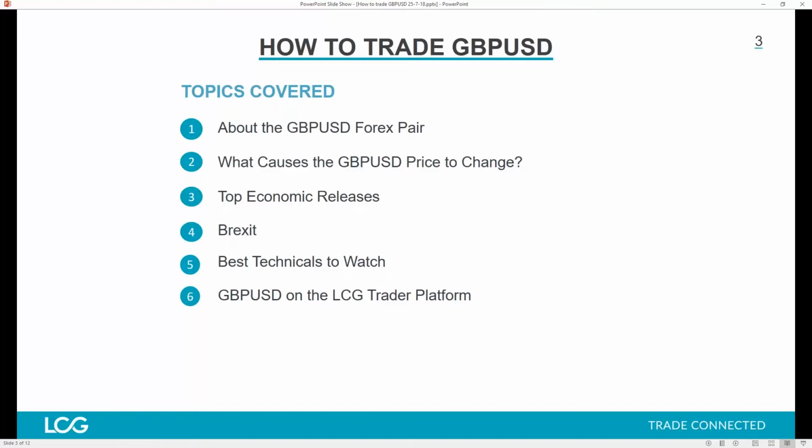For those of you familiar with forex trading, you'll know that these currencies are mostly reacting to changes in the economy, and the relative changes in the economy between the two countries of the currencies involved in the forex pair. So we'll talk a bit about that.